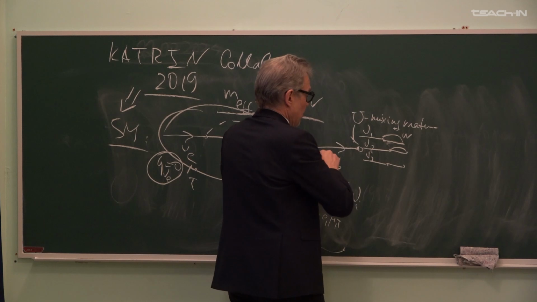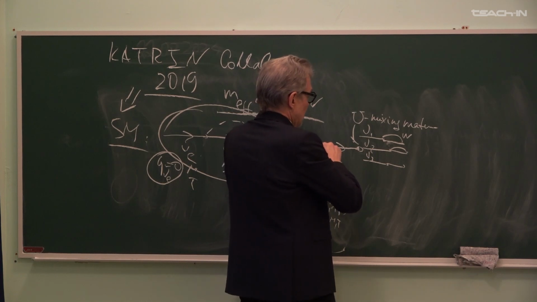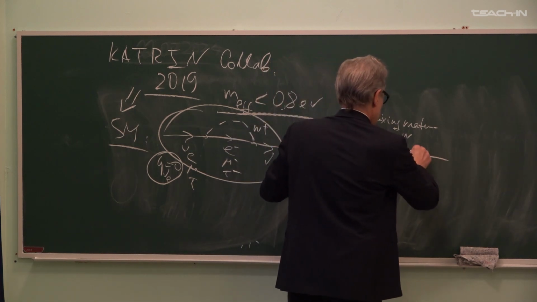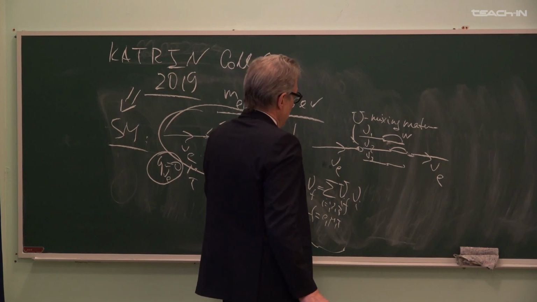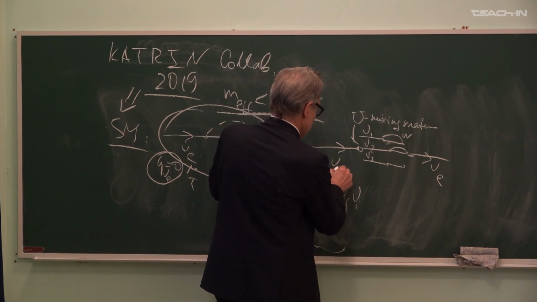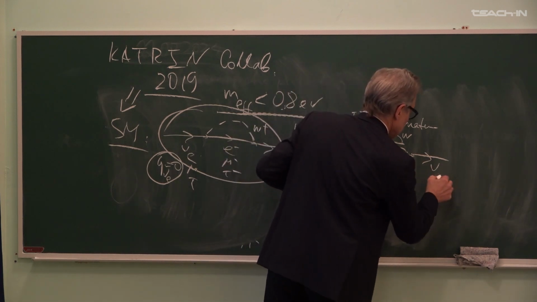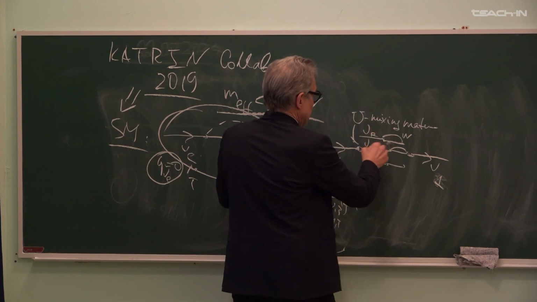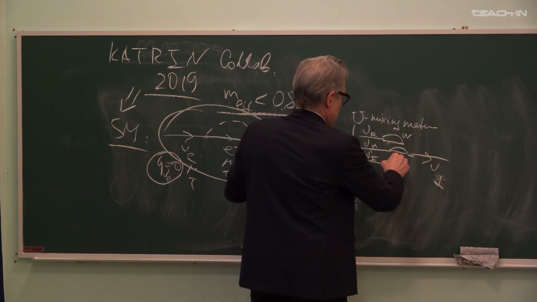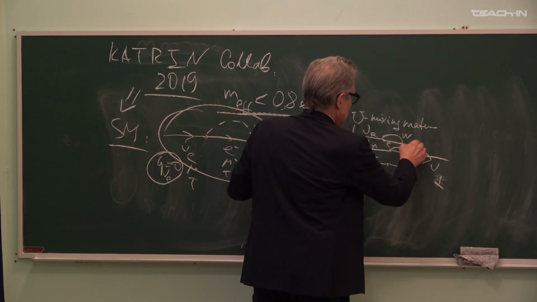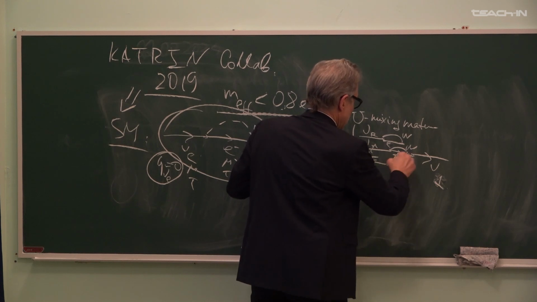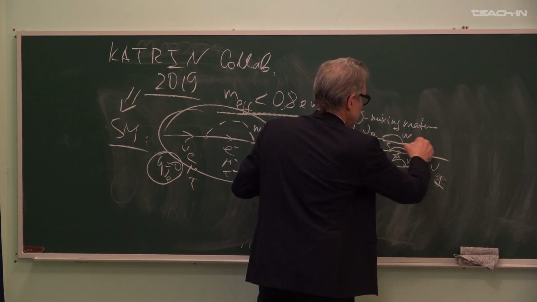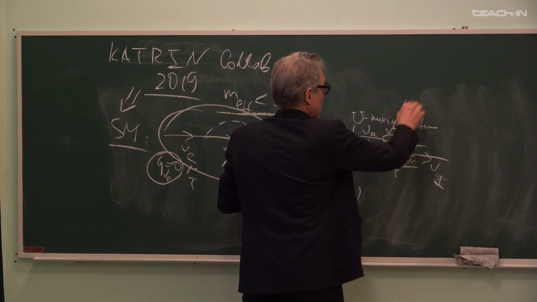Oh no, I probably have a mistake. Here I should write neutrino 1, and here I should write electron, muon, and tau neutrinos, and that will be electron, W, tau, muon, tau, and W. So this is the Standard Model contribution.